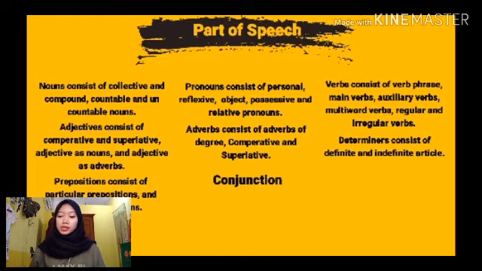The next is verbs. Verbs consist of main verbs, auxiliary verbs, multi-word verbs, and regular and irregular verbs. Auxiliary verbs are do, be. It can be the modal auxiliary verbs like would, could, should, can, might, may. That's auxiliary verbs.